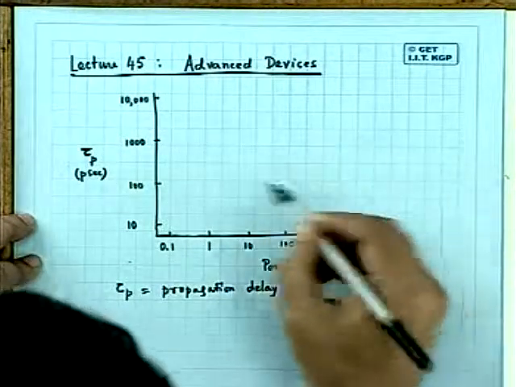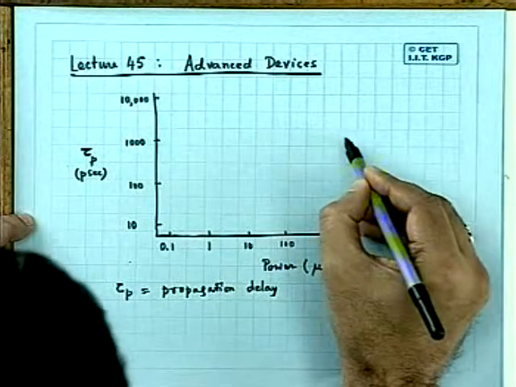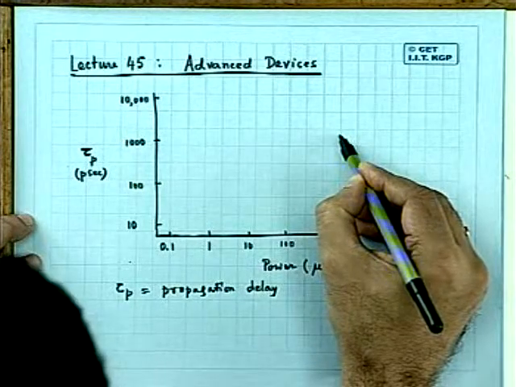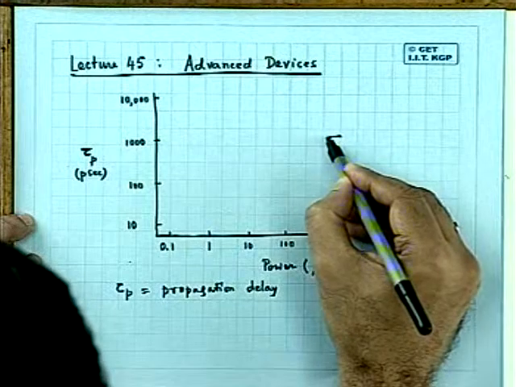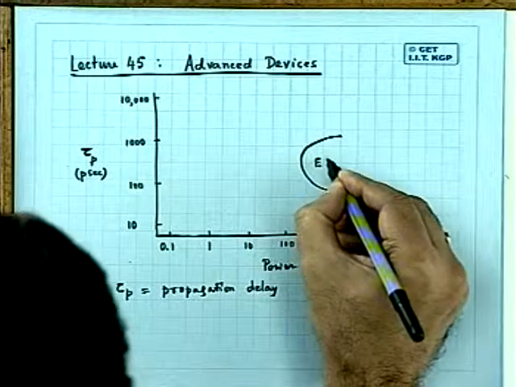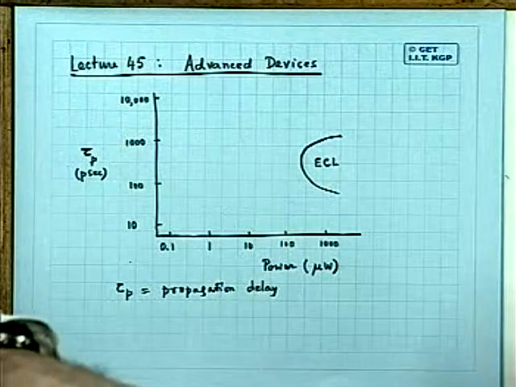The location here is something like this. This is the so-called ECL bipolar.